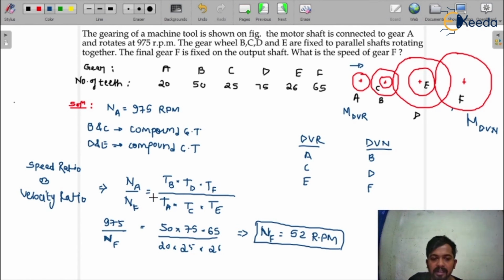The formula is not tough, but the toughest thing is to classify which one is driver and which one is driven. If you classify them accurately, you will be able to solve the questions and get the correct answer.